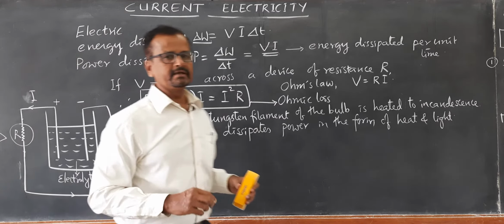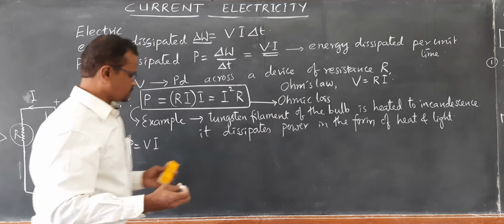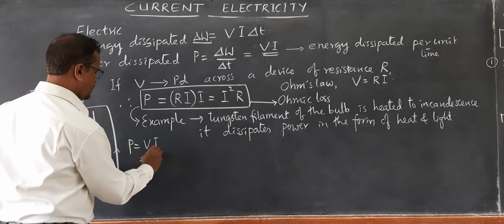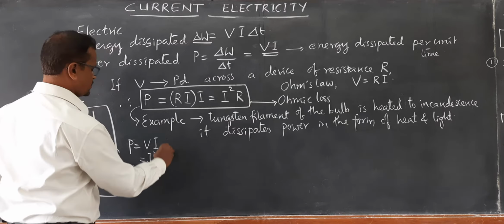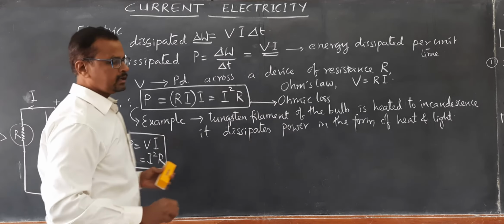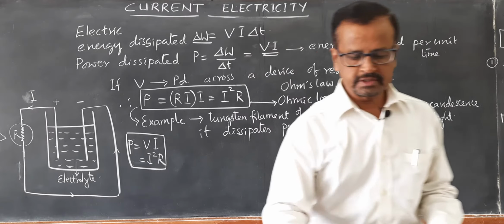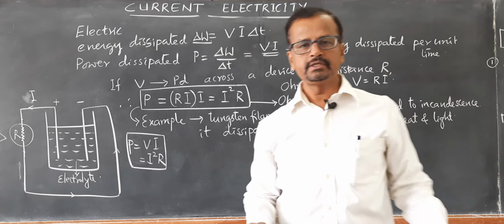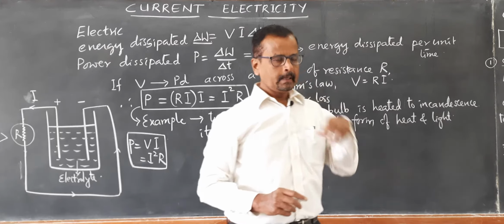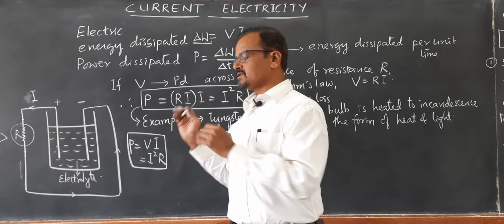But power dissipated in the form of heat can be understood with the I squared R loss. I squared R loss is called ohmic loss, or the loss due to Joule's heating effect. Okay, now this is for the small scale.